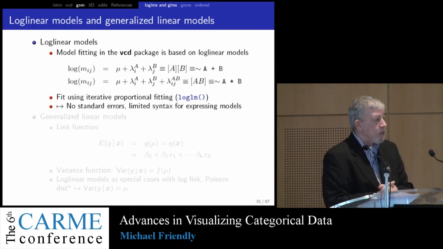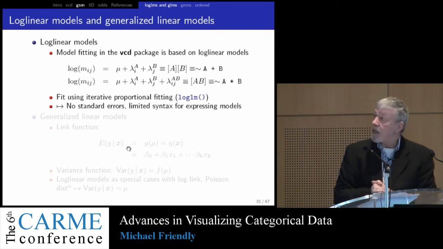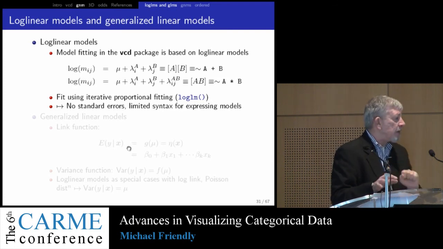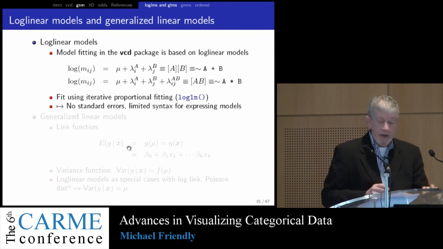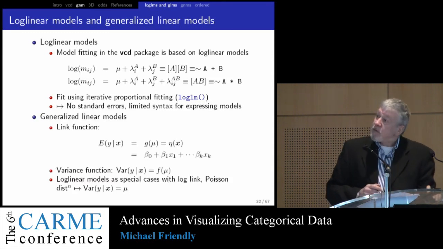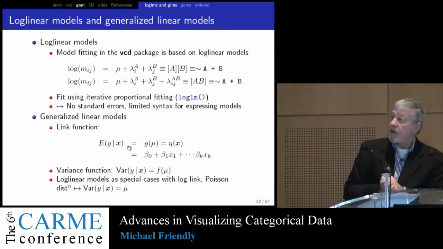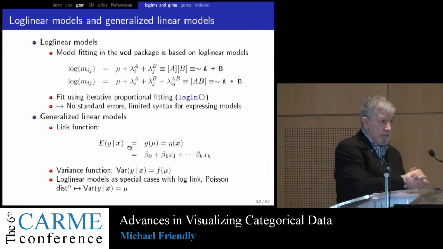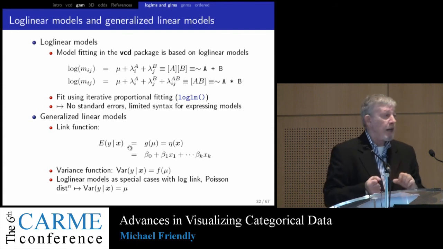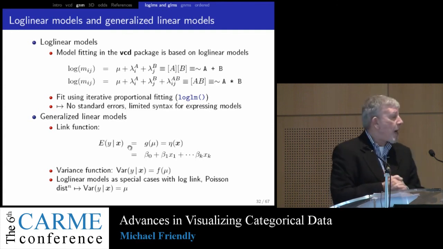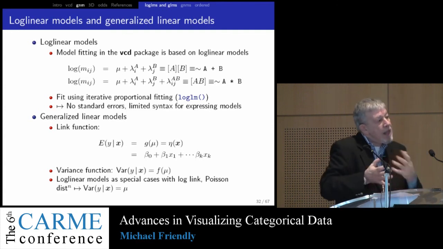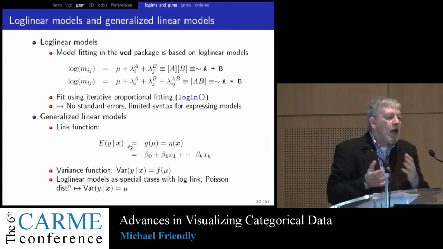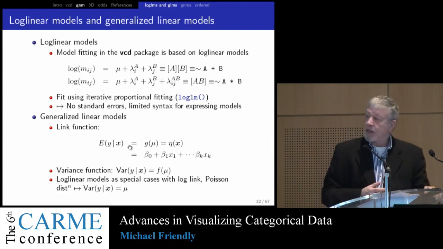But these are fit using iterative proportional scaling, and therefore there's a limited syntax, and there are no standard errors available. Generalized linear models extend this to a linear function connected with the mean, that is the frequency in the cell, by a link function. And log linear models are essentially GLMs in the Poisson family.